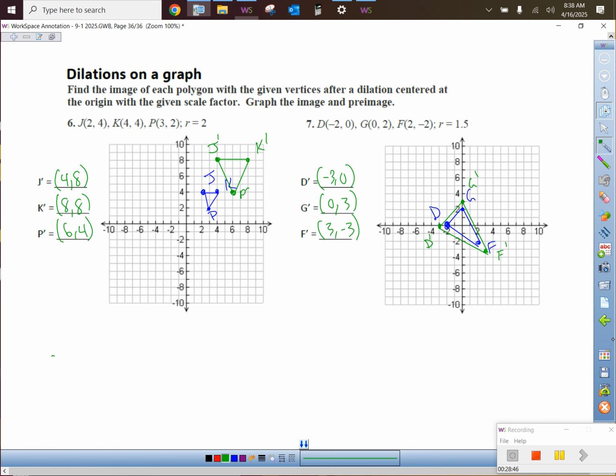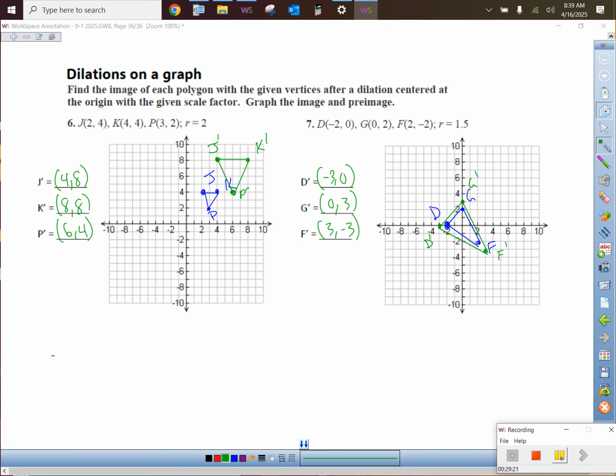And it's totally okay if you don't understand this answer. But once you get him graphed, how come on this one, the original, the pre-image is like inside of the image, and it didn't happen on the other one? Like, why did this one, the blue one's completely inside the green one, but it didn't happen on the other one? Talk with a neighbor about it. Again, it's okay if you're not sure, but it's about where the center of the dilation is located.